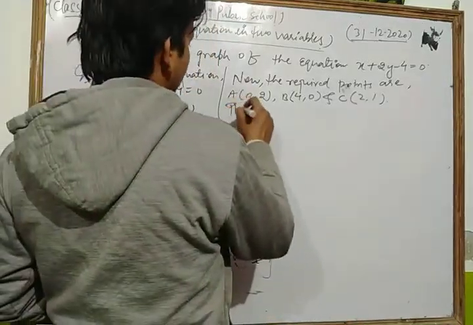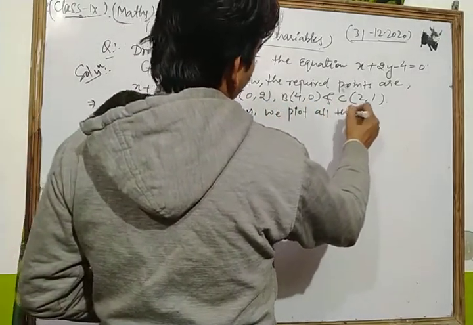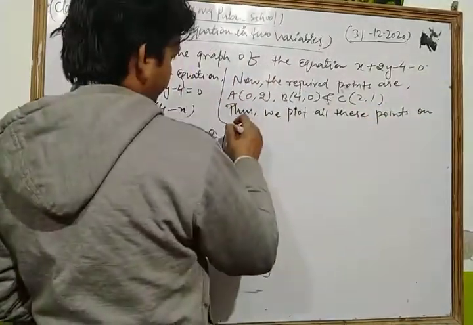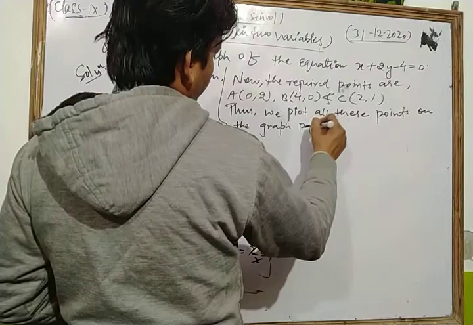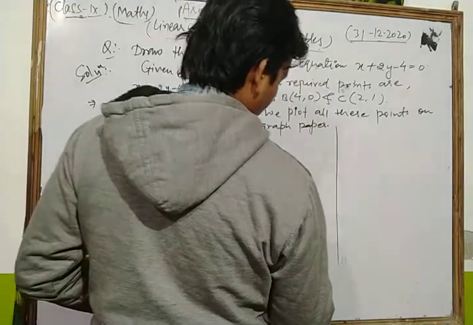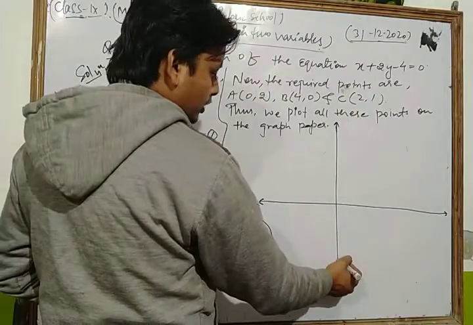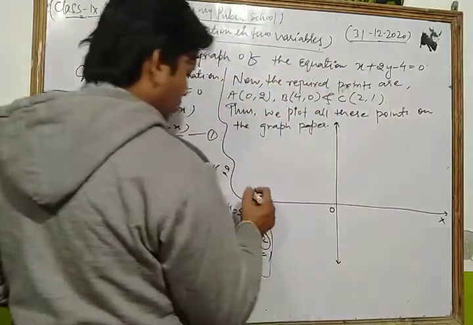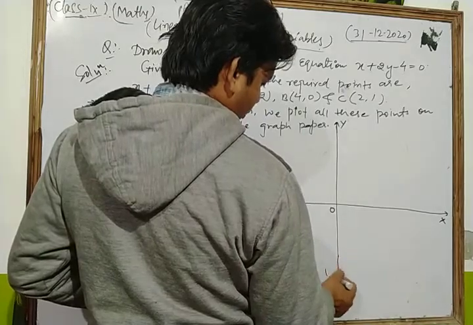Thus we plot all these points on the graph paper. Dear student, first of all, we draw two mutually perpendicular axes, x dash O x and y O y dash.